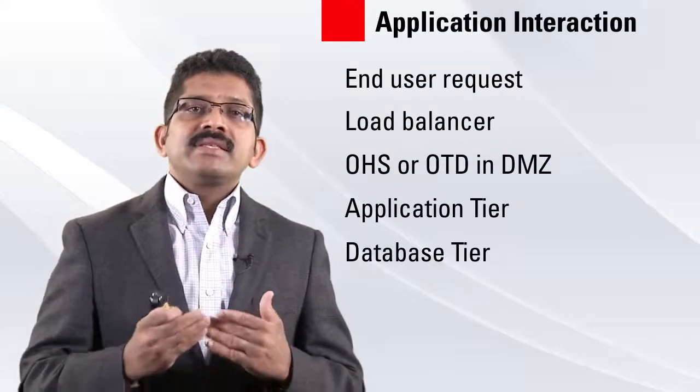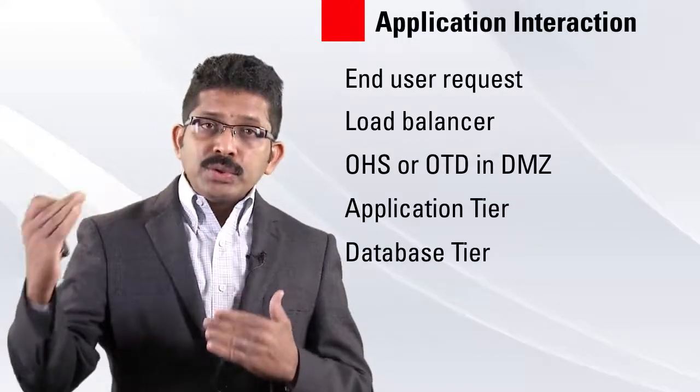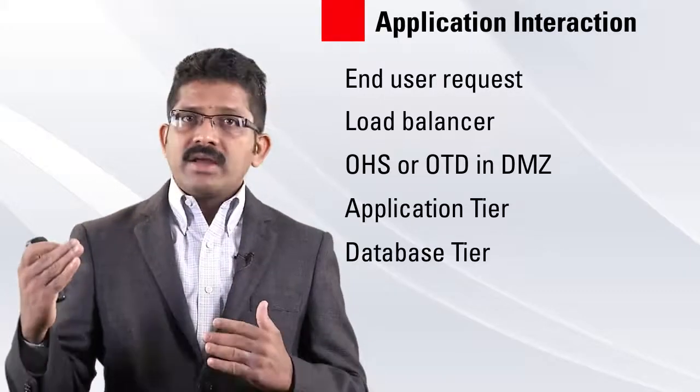So even if you don't trust the user, or they inject something in their request, the request is still terminated at OHS or OTD, where less sensitive components are deployed in the DMZ. So we get inbuilt security, the way we are projecting the deployment architecture.